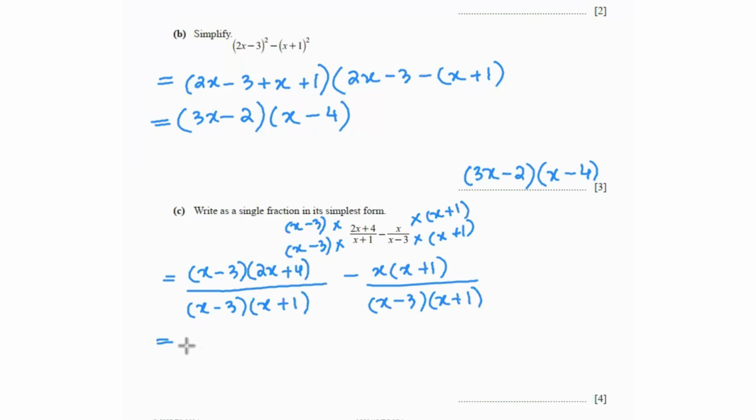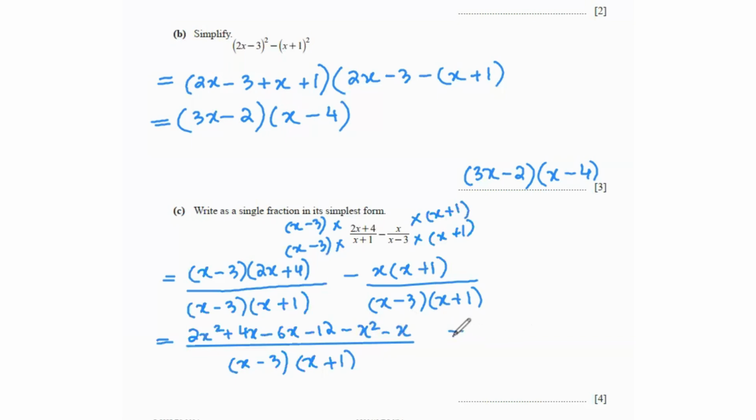Let's combine it as a single fraction. We can expand the bracket over here. So that's 2x squared plus 4x minus 6x minus 12. You multiply x with both the terms in the second bracket, then negative 3 with both the terms in the second bracket, then minus x squared minus x over here.